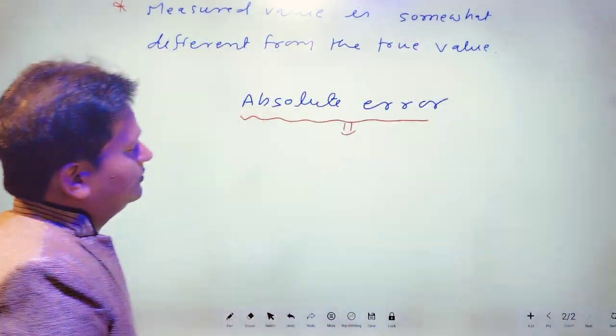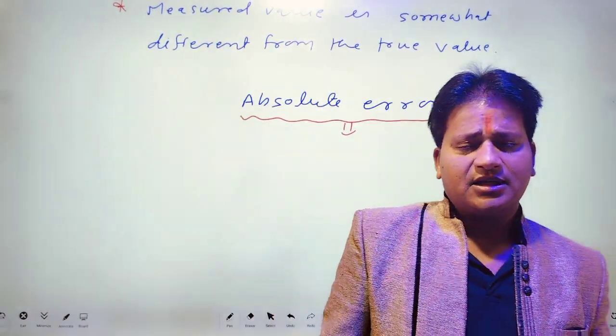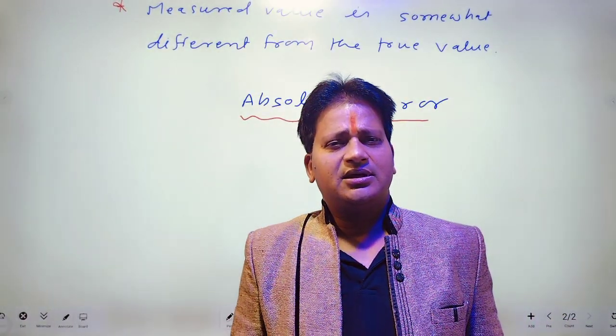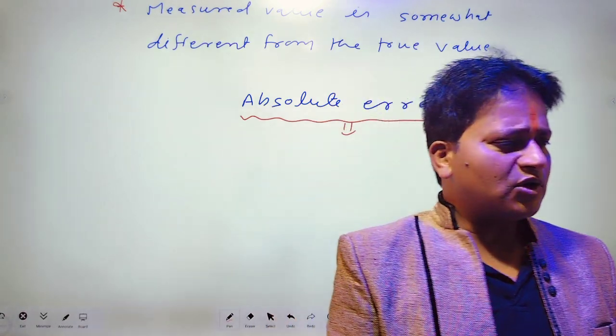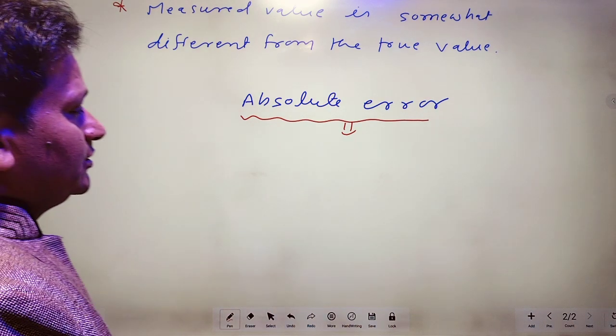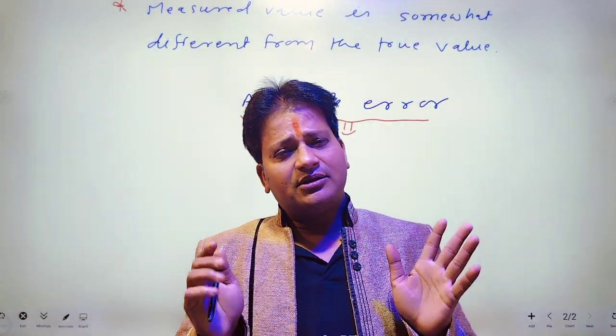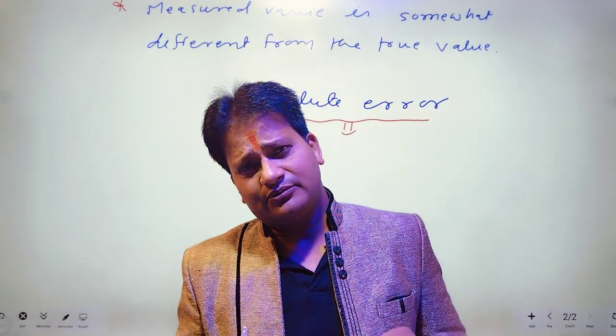If you perform an experiment in which there are a number of readings, absolute error is the difference between true value and measured value.